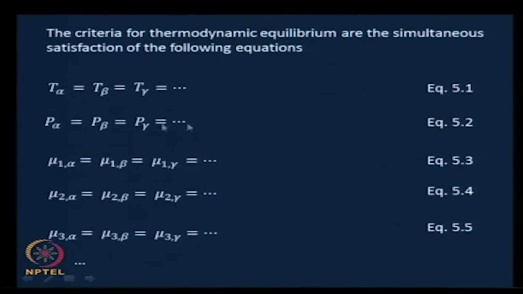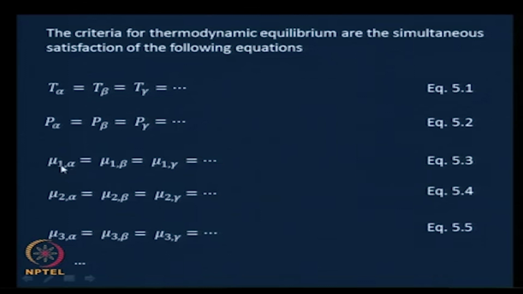This is equation 5.1. The second condition was that the pressures in the various phases must be equal to each other. P alpha equals P beta equals P gamma and so on, and the chemical potential of each of the species present in the various phases must be equal to each other.